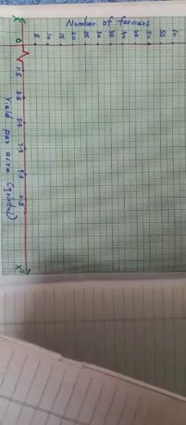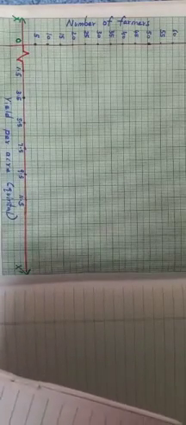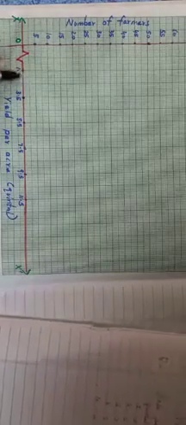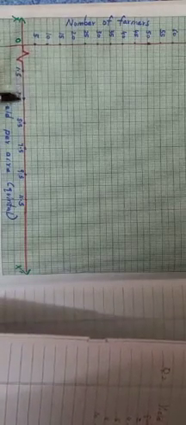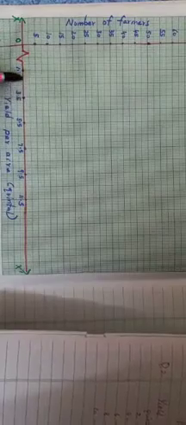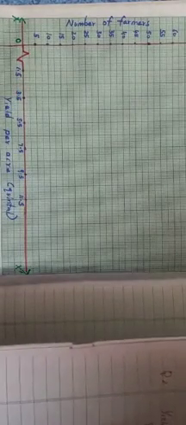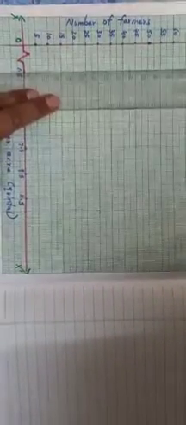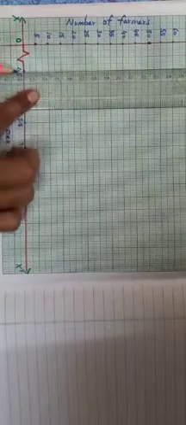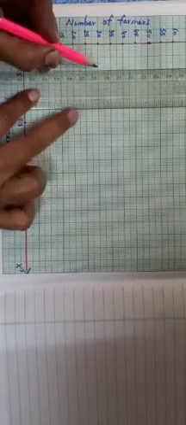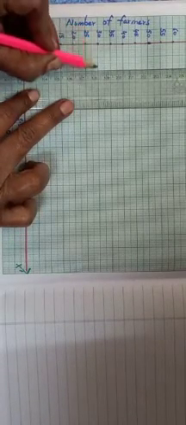Now we have to draw the histogram. For drawing the histogram, what do we have to take? We have to take each class as the base, and the height should be proportional to the frequency. See, here 1.5 to 3.5 we are taking, and the frequency is 30.